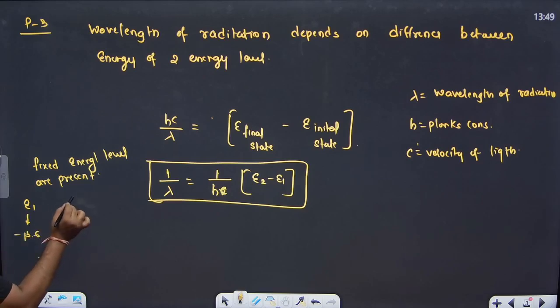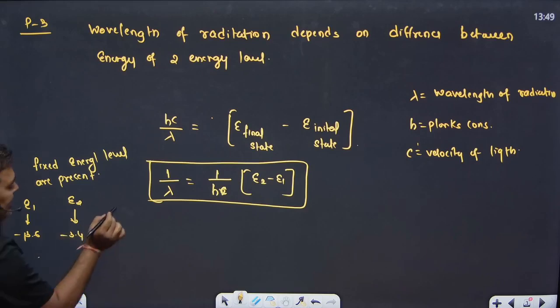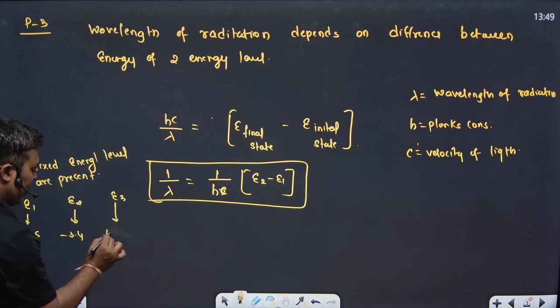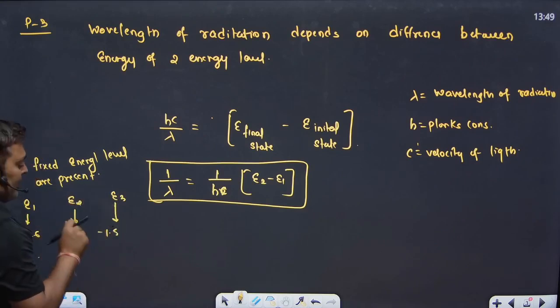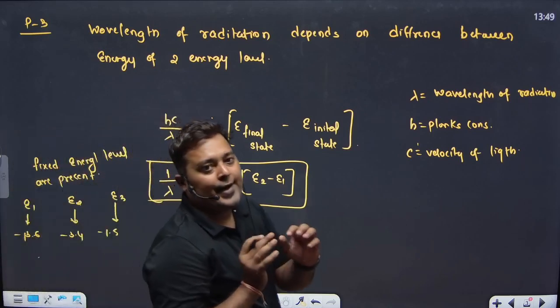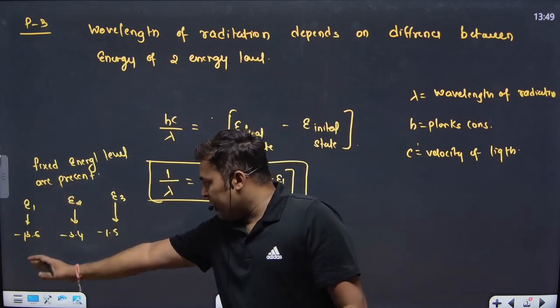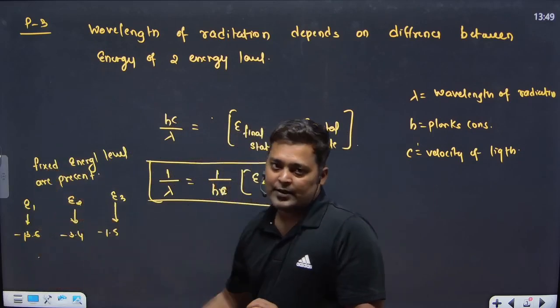We computed the energy for the second energy level, that was minus 3.4. We calculated the energy for the third energy level, that was minus 1.5. So it means that we have certain energy levels, and the energy of these different energy levels is different, and that is fixed.